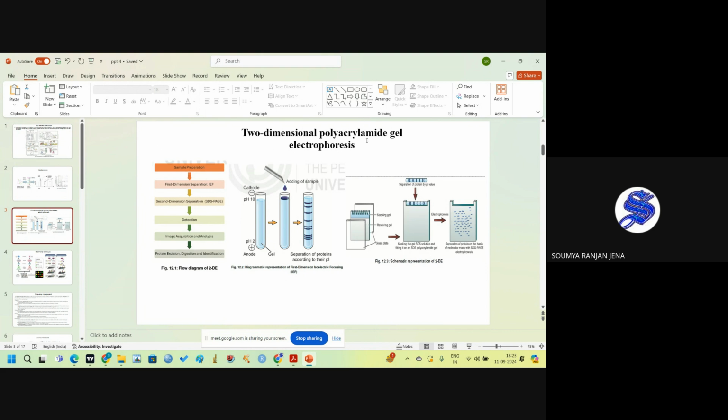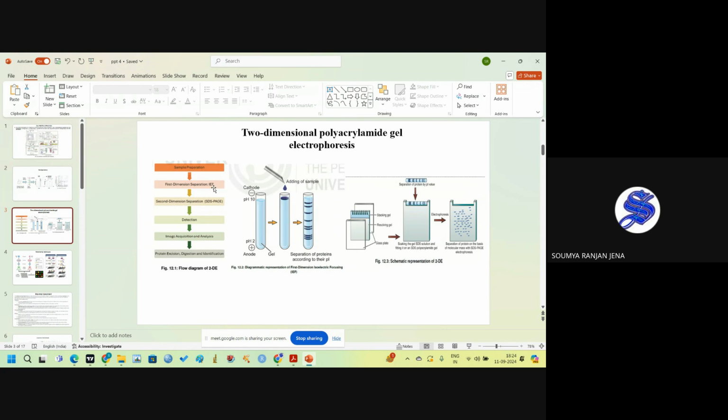Now, this is the two-dimensional gel electrophoresis workflow. First we have to do the sample preparation, then the first dimension is separated by isoelectric focusing. Then what is an isoelectric focusing gel? We have to separate the proteins or peptide molecules according to their isoelectric point, because proteins can have the same molecular weight but different isoelectric points.